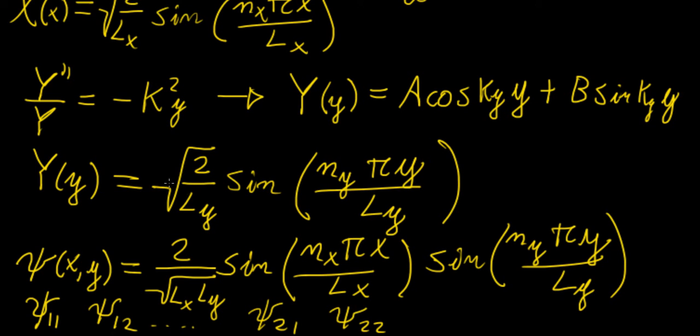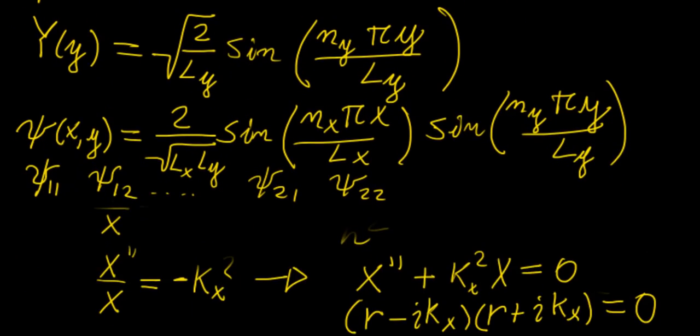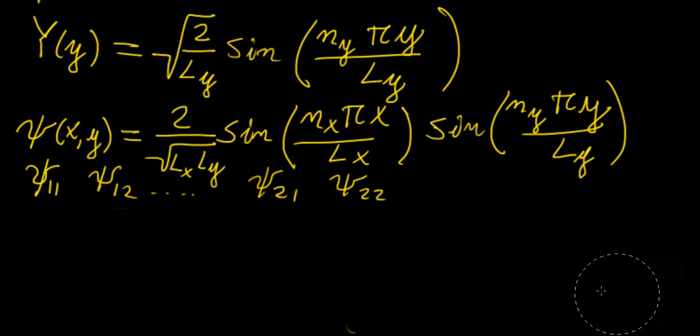So the infinite number of solutions just became even larger because we have all these different combinations that we can work with. And what do you think the energy levels are going to look like for this particular function? Well, we have these two terms, nx and ny, and we have two lengths. So by drawing an analogy with the one-dimensional case, we are going to have the following energy levels.